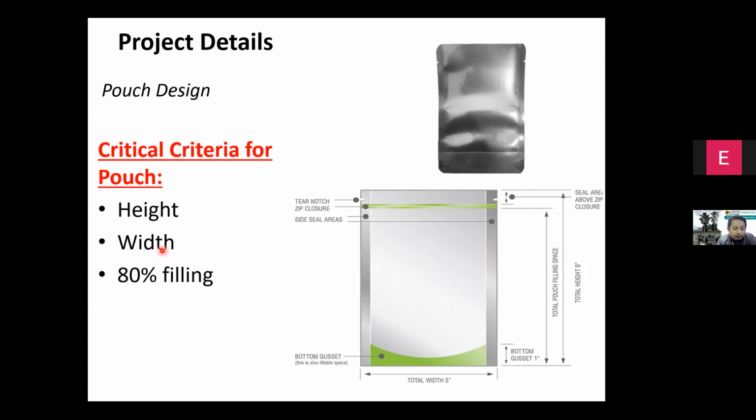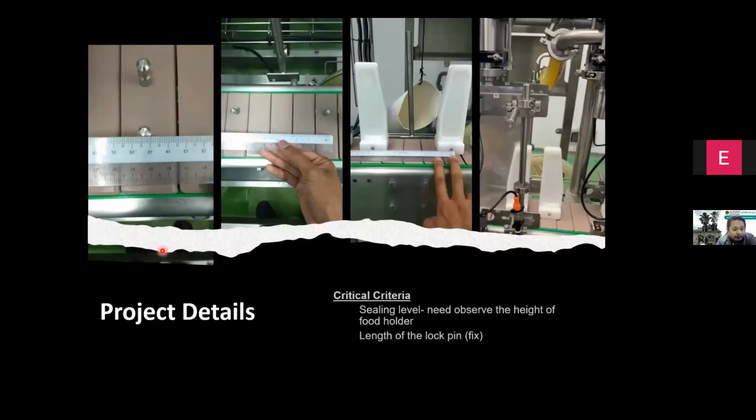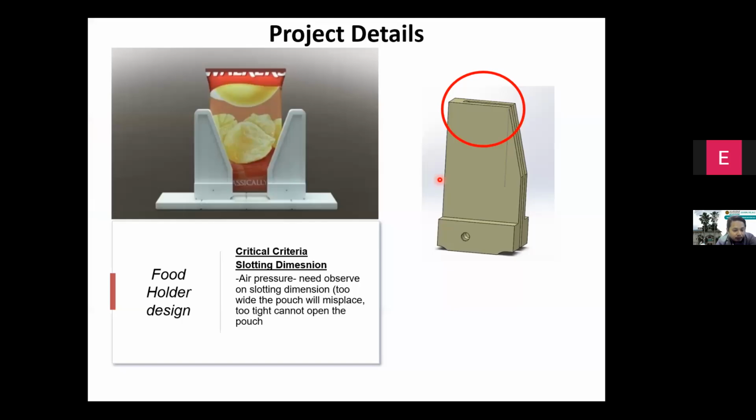So that's why, as part of the consideration, we have to make sure that the height of the food holder is below 80% of the filling. Now this is an example of the conveyor, the dimension of the conveyor. We have to measure the lock pin as well, and I just want to share that with you.